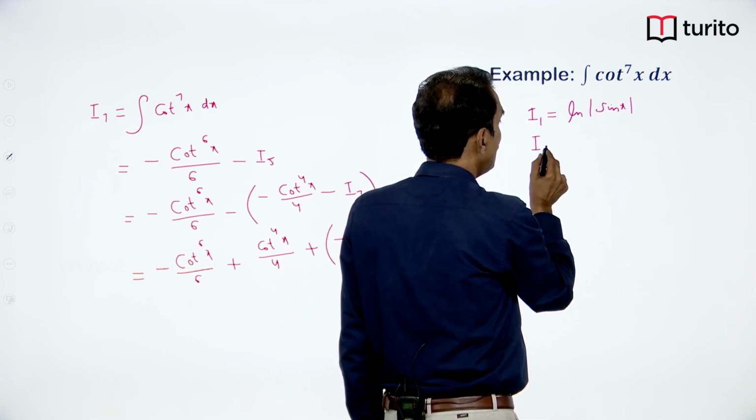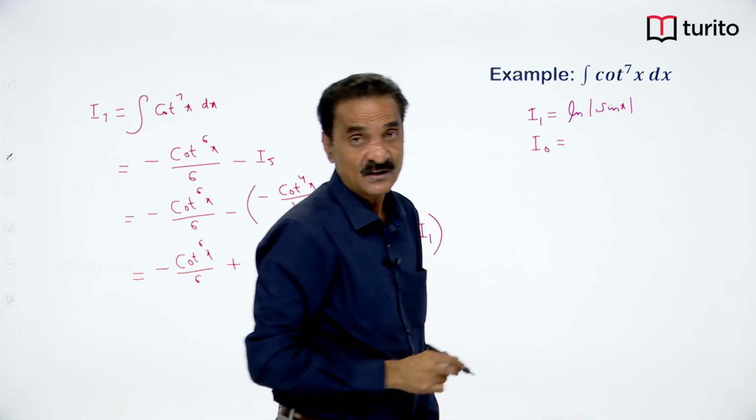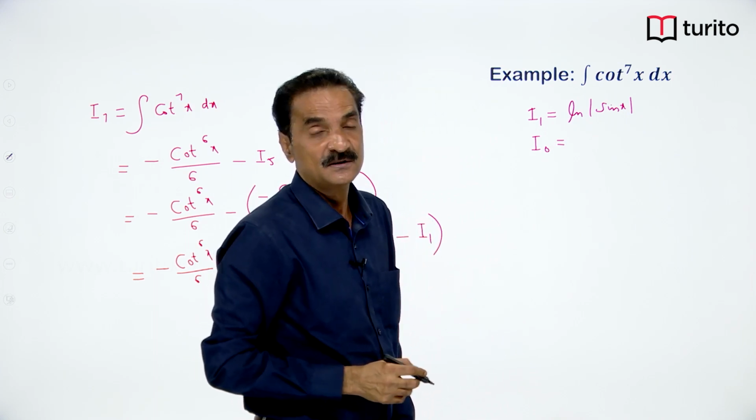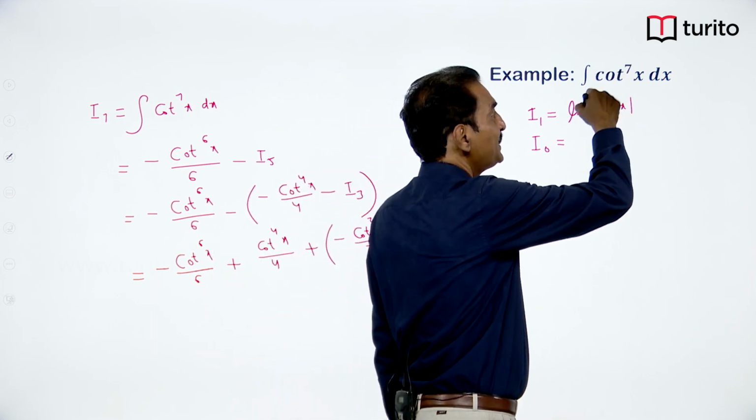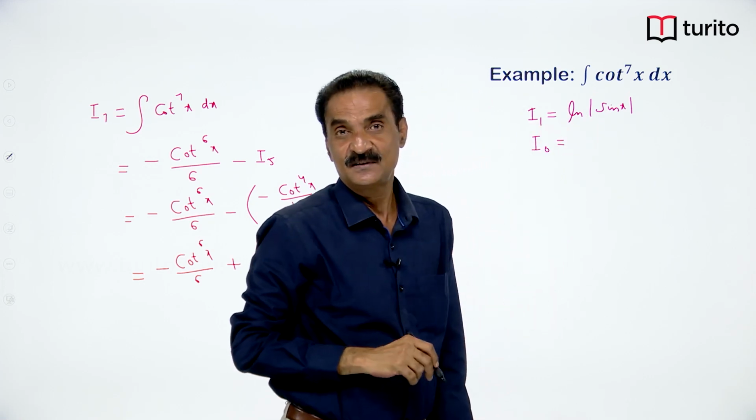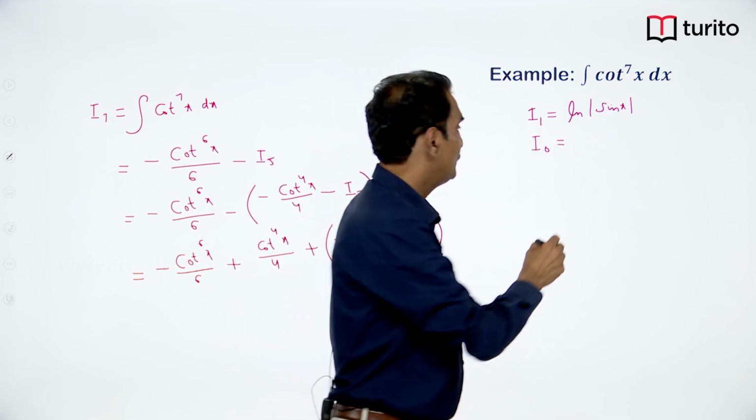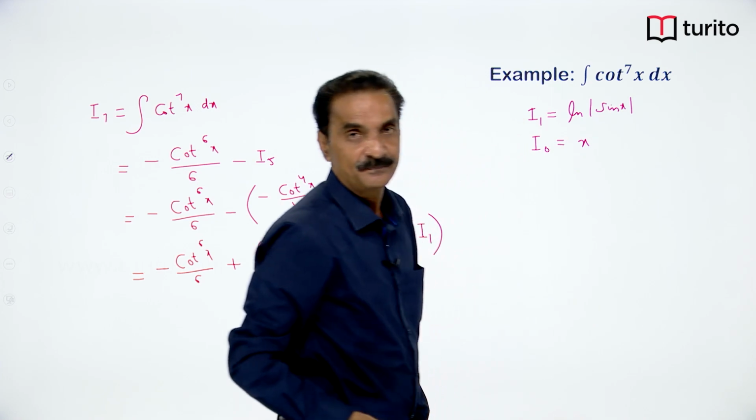Similarly, when n is even, you will get I naught as the last term. What is I naught? If the power is 0, it is integral cot power 0x, that is integral 1, which is x.